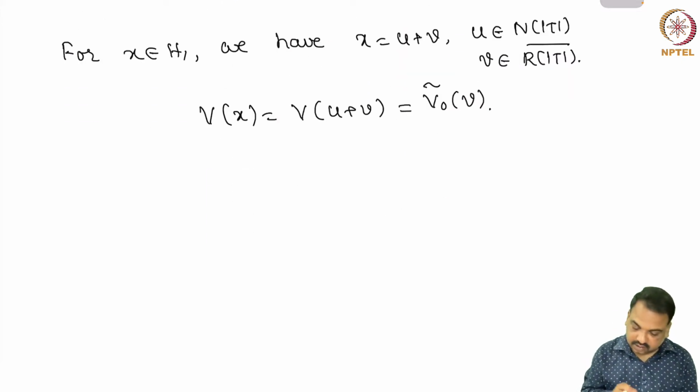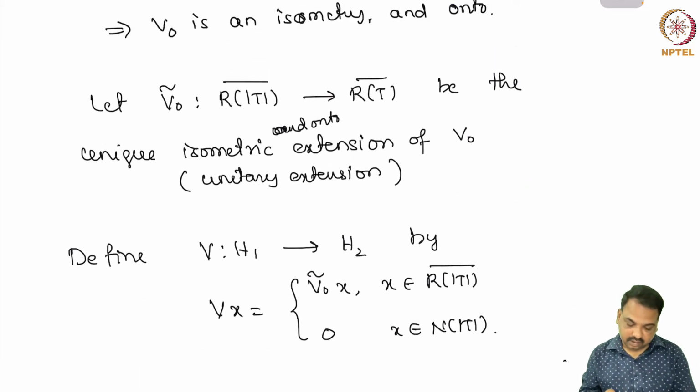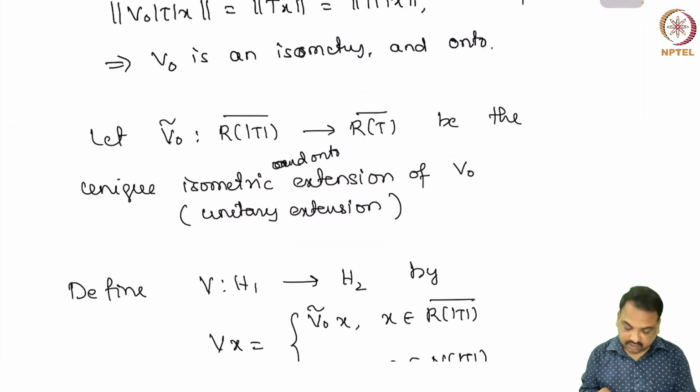Now we can easily show that V naught tilde is a unitary map from range of mod T closure into range of T closure.